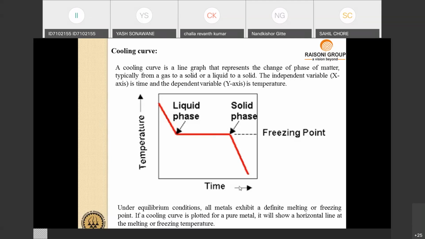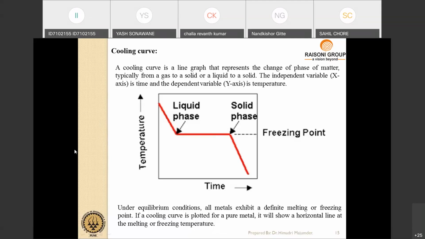So this cooling curve is shown for a pure material. If it is not pure, then this straight line you can see here will not be a straight horizontal line. There will be some disturbance in it, because it will not follow the straight theory, due to different components and particles present if that material is not pure.